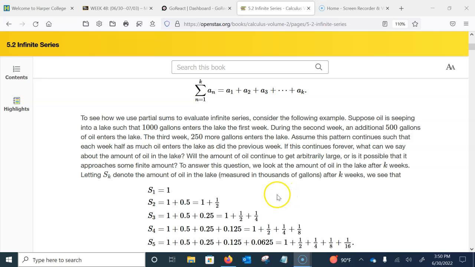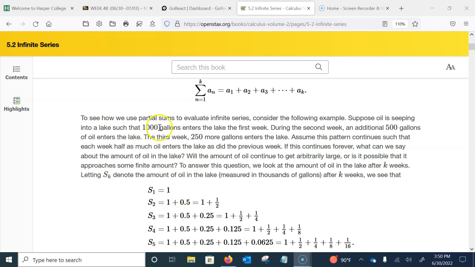All right, so we can look at this in equivalent terms, and the sum for the first term would be 1, meaning 1,000. So basically we're making these units a little bit easier. The second partial sum, so adding the first two terms, would be 1 plus a half, right?